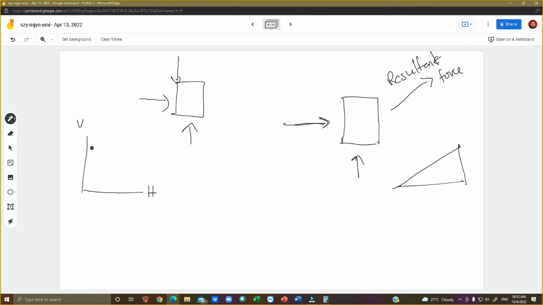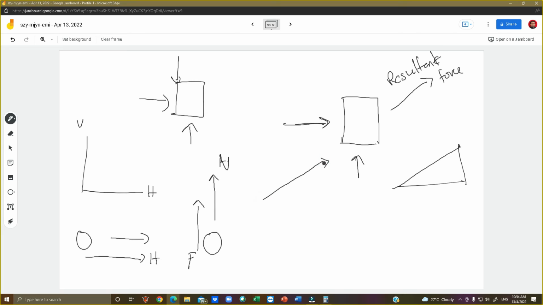For example, if we give a horizontal force, it will cause the object to move like this. Right? If we give only a vertical force, it will cause the object to move this way.